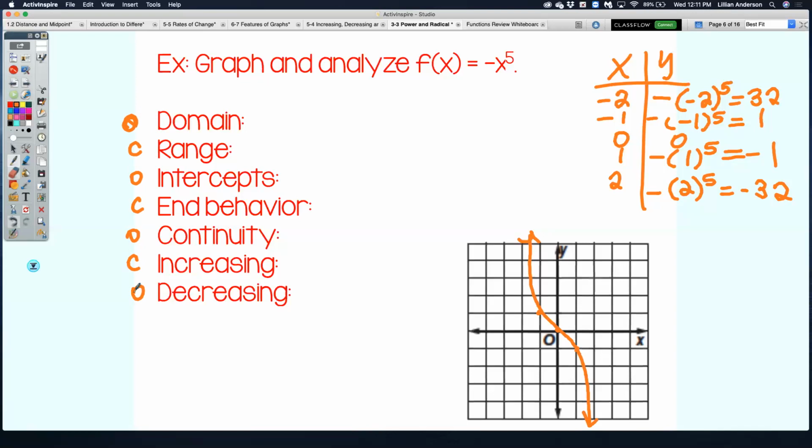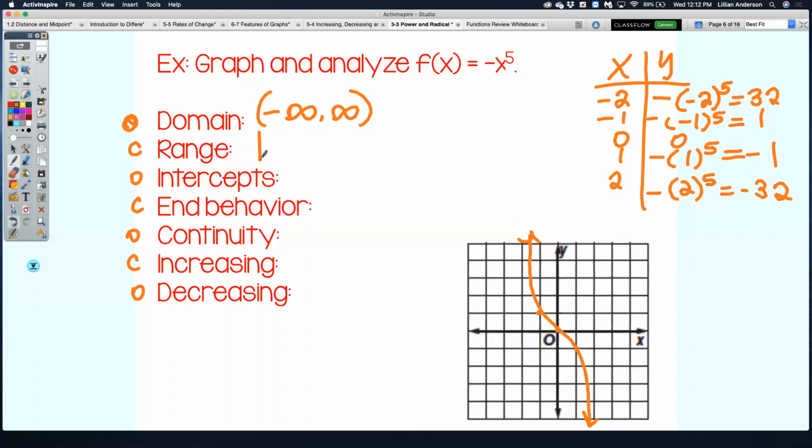Someone online, give me the domain. Negative infinity. I think I heard you right. Oh, that's why I can't hear you. I had it in my computer, not my board. Okay? Should be able to hear everybody now. Someone different in the classroom, give me my range.